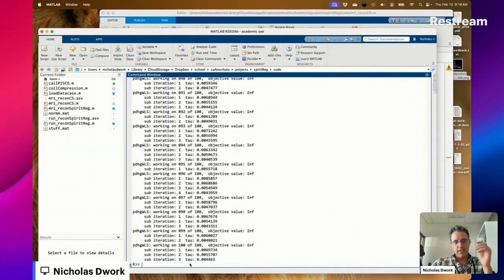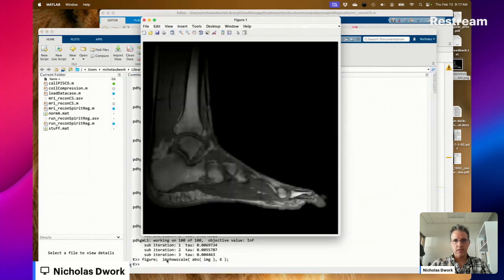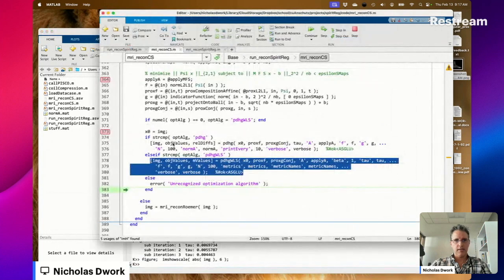There is an epsilon S maps that should give us the same result that we got from Vista, theoretically. There's theoretically an equivalent solution.